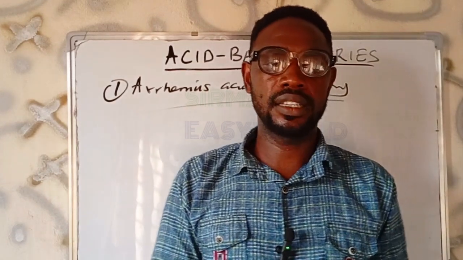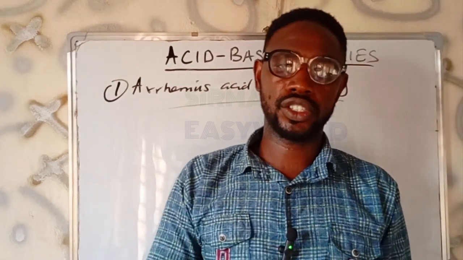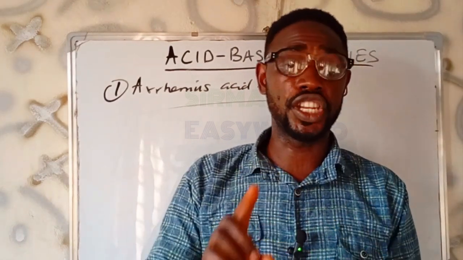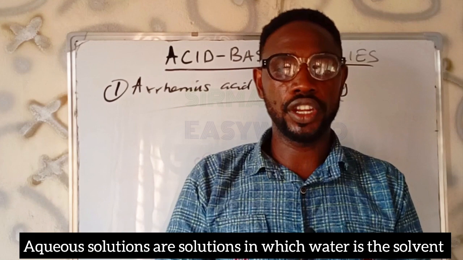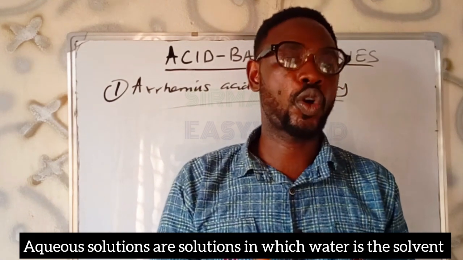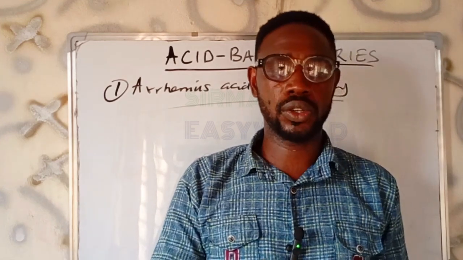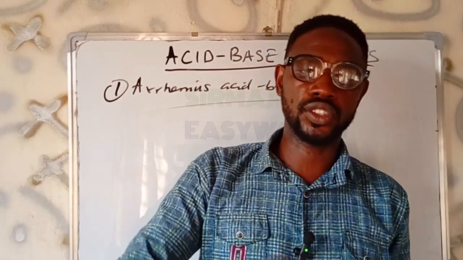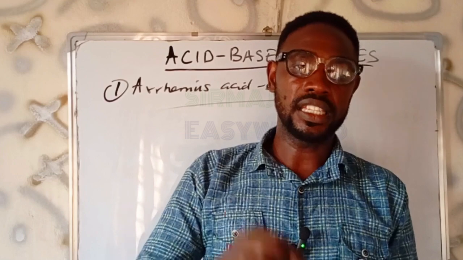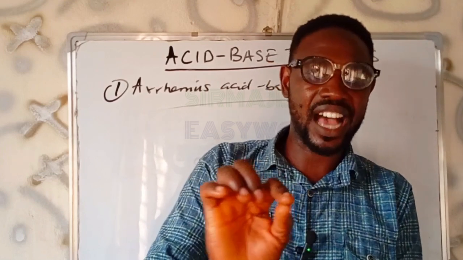Now, this man focused on acid-base reactions as only something that happens in an aqueous system. In non-aqueous solution, Arrhenius didn't tell us what happens in acid-base reactions. So he saw acid-base reactions as the ones taking place in the presence of water, and that is why the definitions are attached to water.